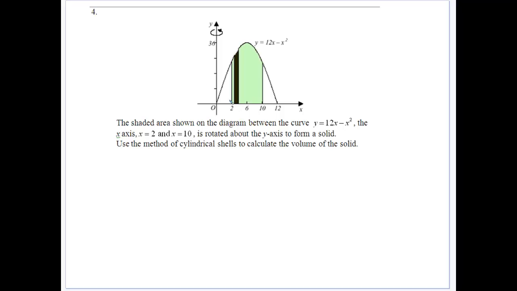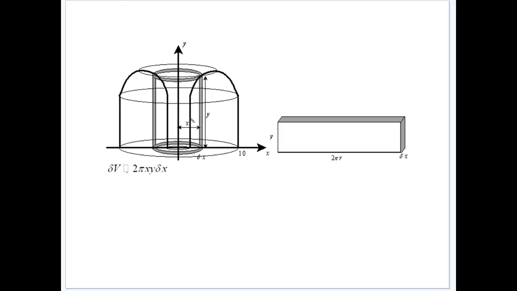So we take our typical shell, our typical thickness there, we have it rotate around, and we get our rectangular prism. It's going to be delta x, and our radius is x, height of y.